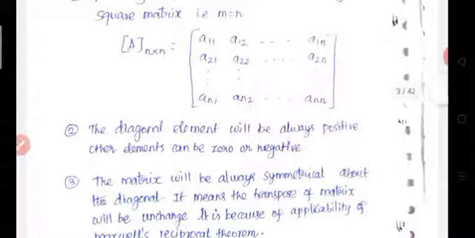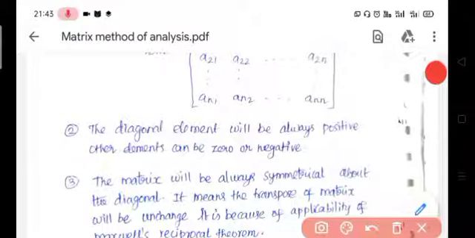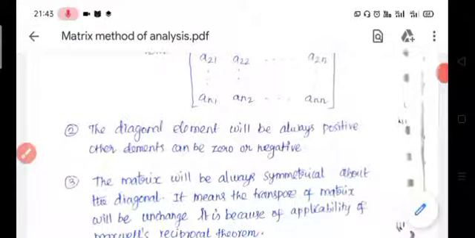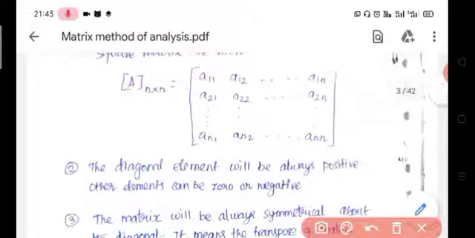Then second property, the diagonal elements will always be positive, other elements can be 0 or negative. So it is a very important property. The diagonal elements, that is A11, A22, A33 and so on, up to ANN, are called the diagonal elements. These elements will always be positive.